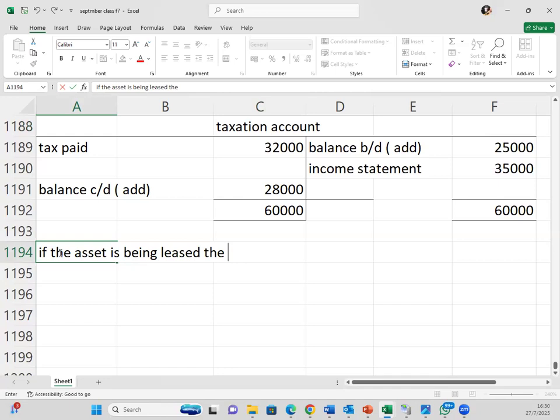So you can say if the asset is being leased, the lease payments are recorded as a financing activity.